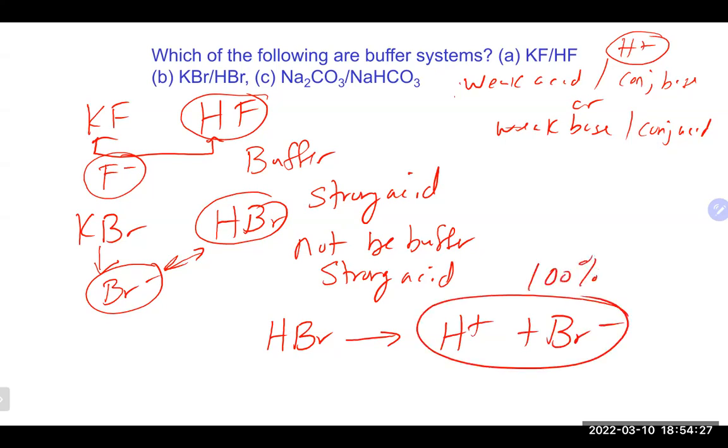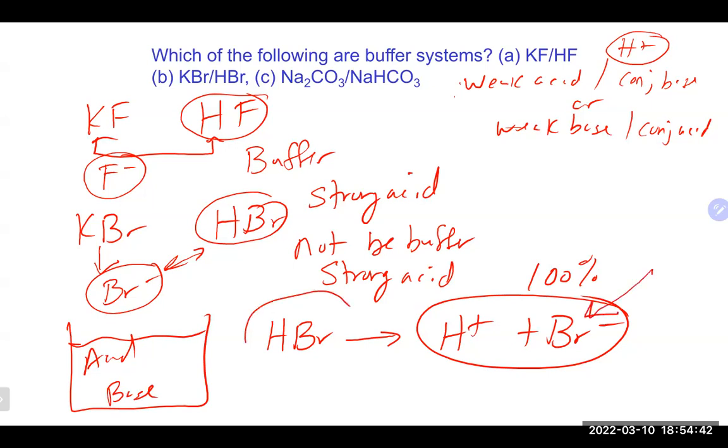And as we just talked about, the way a buffer works is it has in solution an acid part and a base part, right? Which means in this case, you only have really the conjugate base part. You don't have the acid part anymore. So anything that is a strong acid or a strong base, because it 100% breaks apart, can't set up that equilibrium needed to keep the acid part and the base part in solution.